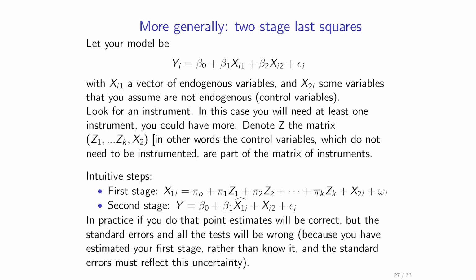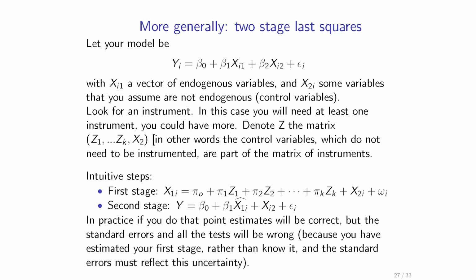And then intuitively, what would we do? Following what we have done in the case of just one variable, we run X1 on the matrix of instruments. That is all of the instruments plus all the X2s. And in the second stage, we take the predicted value for X1, and then we put in the X2s as well.